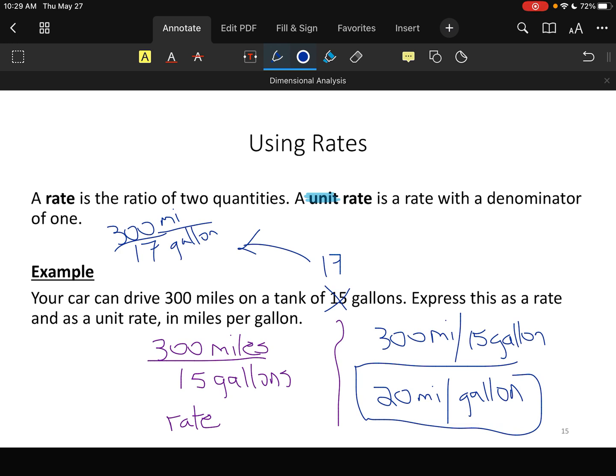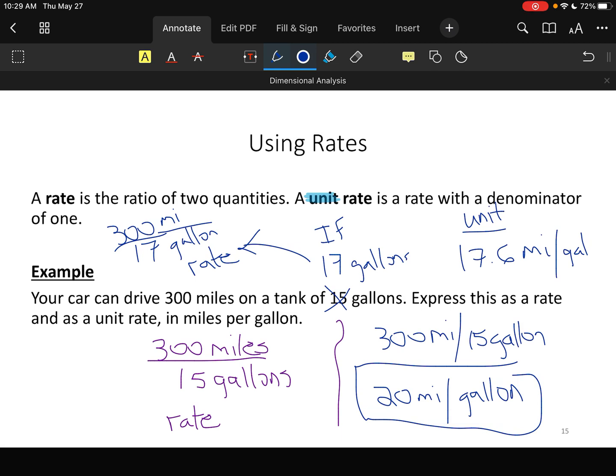Then for the unit rate, you want a decimal, so 300 divided by 17, which we would express as 17.6 miles per gallon.